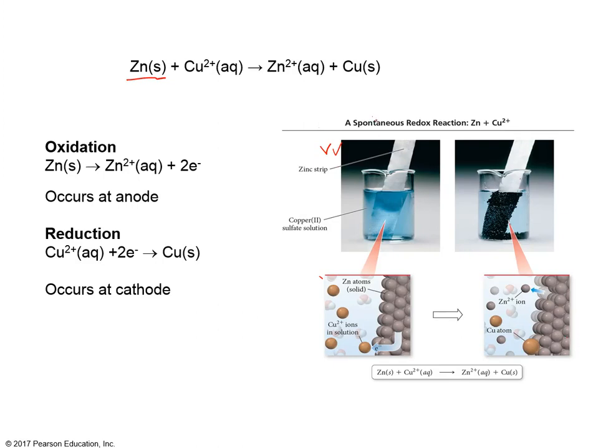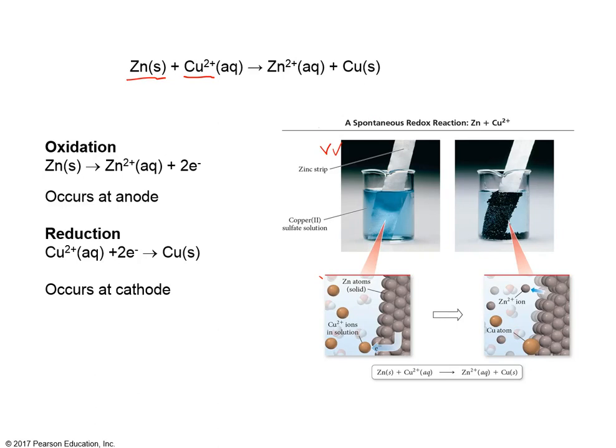The copper sulfate solution is the copper ion. So we have zinc solid in a solution of copper ion. And since zinc is undergoing oxidation, it is going to be eaten away with time. So the zinc strip is going to dissolve in copper sulfate.